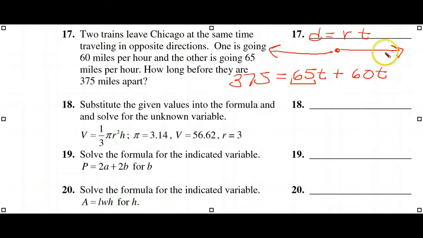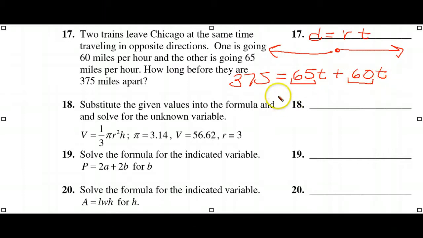Plus, the other train is going 60 miles per hour in the opposite direction for the same amount of time, which is T. So there is basically distance equals rate times time. That's this much distance. And then we add this much distance, rate times time to it.